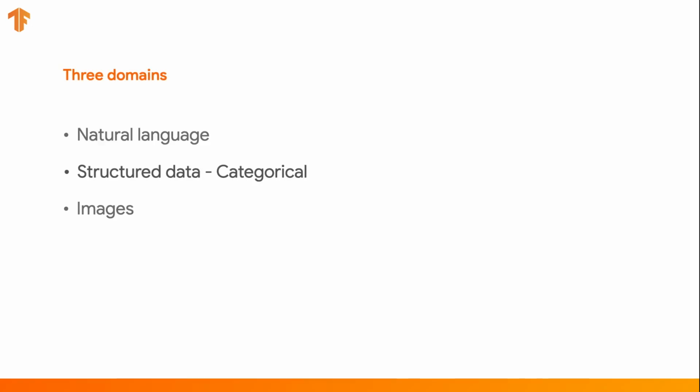So that was natural language. Now let's talk about structured data. Think spreadsheet-like input. And there's two different camps of layers that we have for dealing with structured data. One set of layers is all about dealing with categorical inputs. So think strings and integers, discrete inputs of some sort.